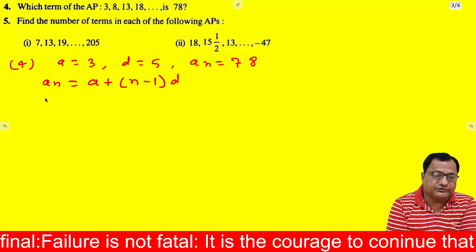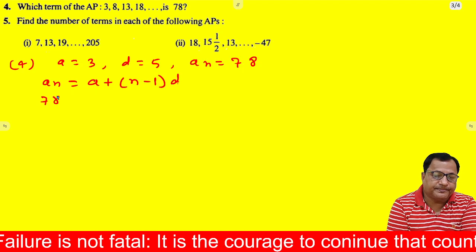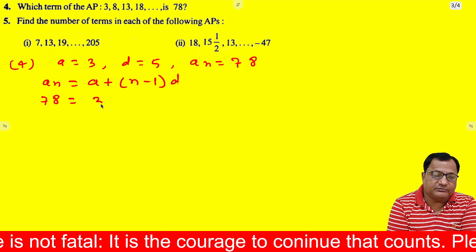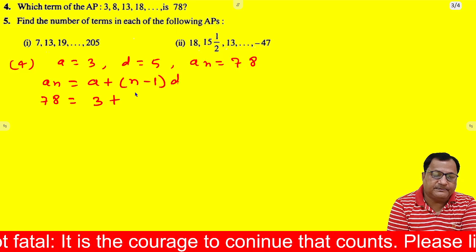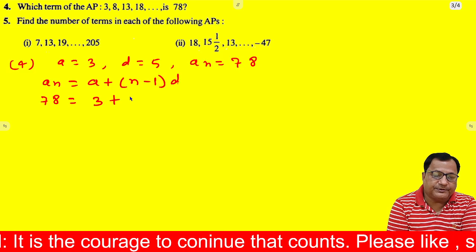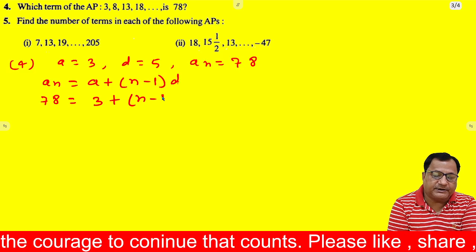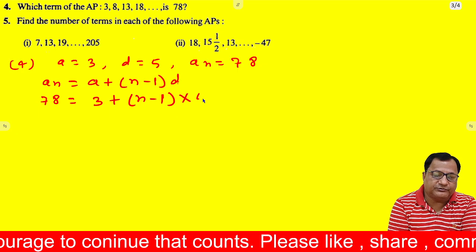An is equal to 78, A is equal to 3, plus N minus 1 into D. We have to find N. D is equal to 5.